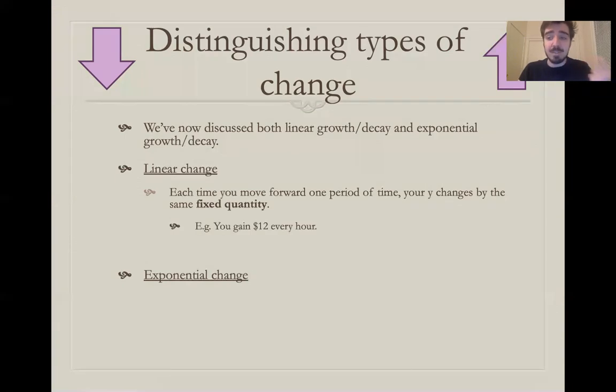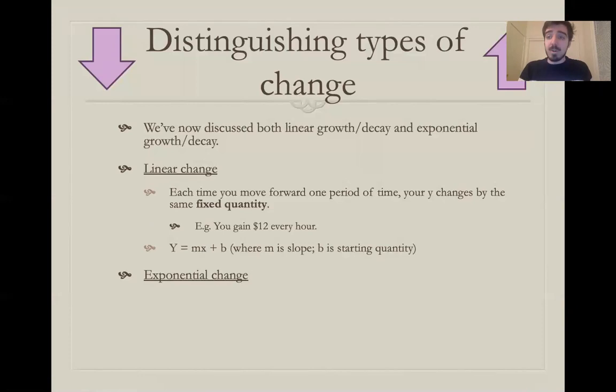So for example, if you are working a job in Massachusetts, and you're getting $12 an hour, that is going to be a linear rate of change, because every time you work 1 more hour, you get $12. Remember that these have form y equals mx plus b, where m is that rate of change, how much you are gaining or losing in every time period, and b is your starting quantity, or your y-intercept. Remember that x might be expressed as t, if time is your independent variable.